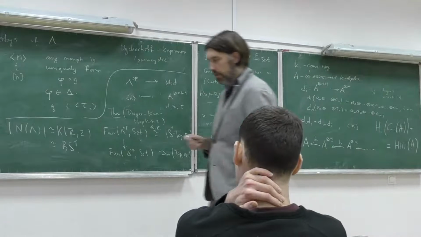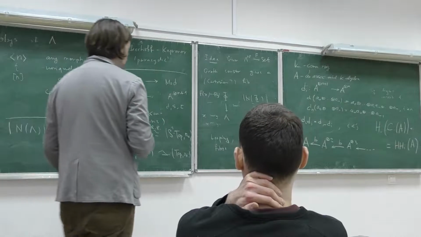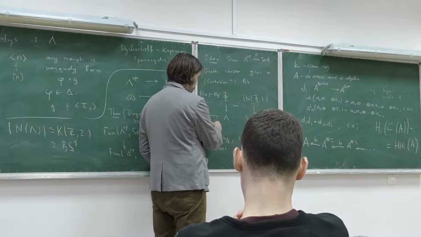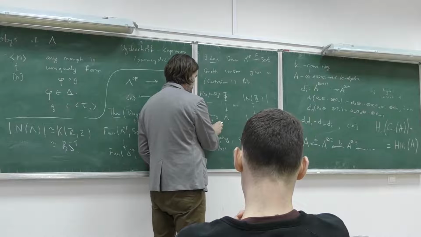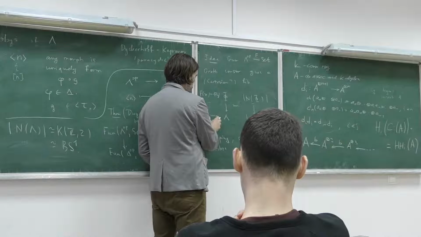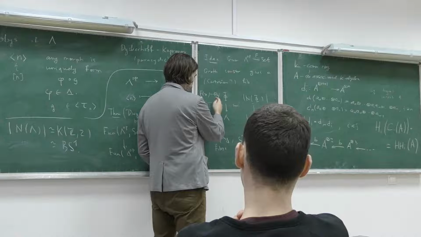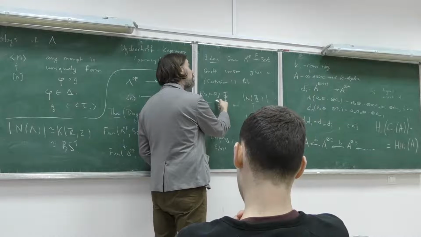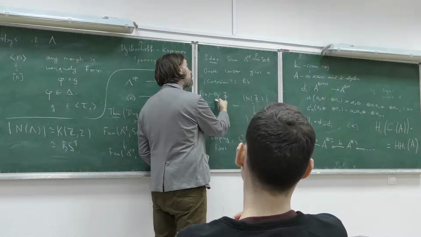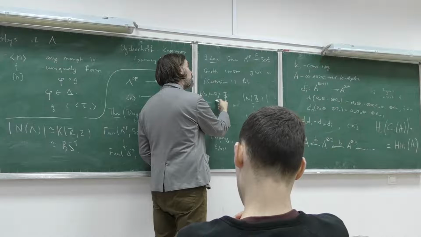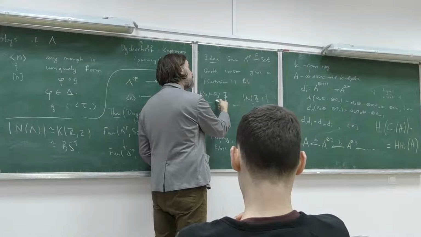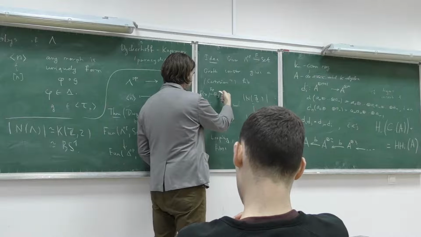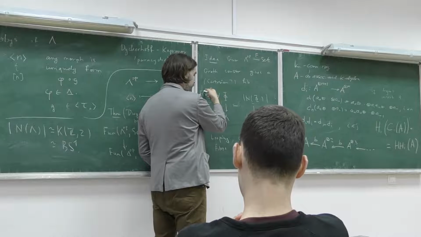You can write them as pairs: an element in f of x, and a morphism here, and a morphism here, and then a morphism here such that on the induced f phi, it takes an object from here to here.